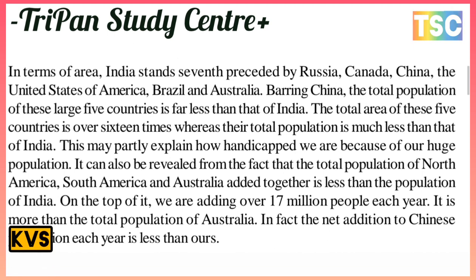The total population of North America, South America and Australia added together is less than the population of India. On top of it, we are adding over 17 million people each year, more than the total population of Australia. In fact, the net yearly addition to China's population is less than ours. This is the most important point.